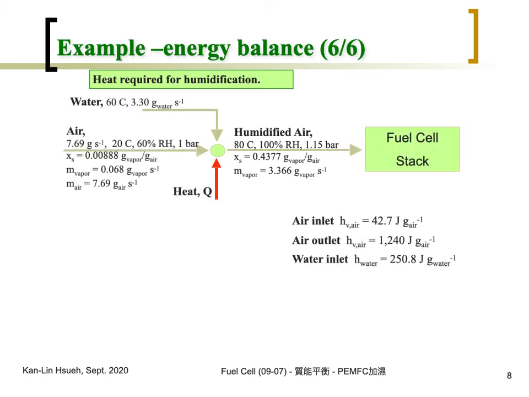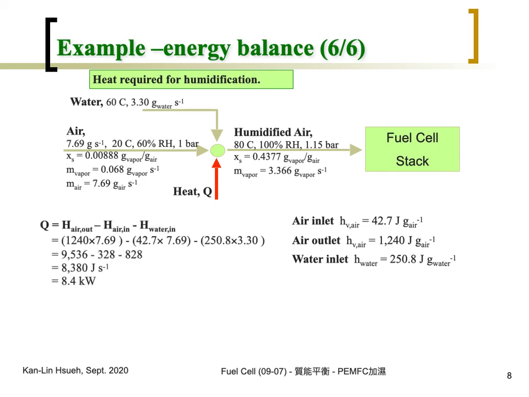We already know the air inlet enthalpy, air outlet, and water inlet. So we substitute this, we can calculate the heat required is equal to 8.4 kilowatt or 8,380 joule per second. That's the heat required to raise the humidified air to 80 degrees.